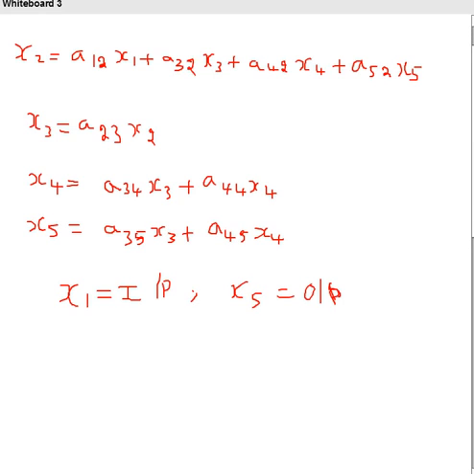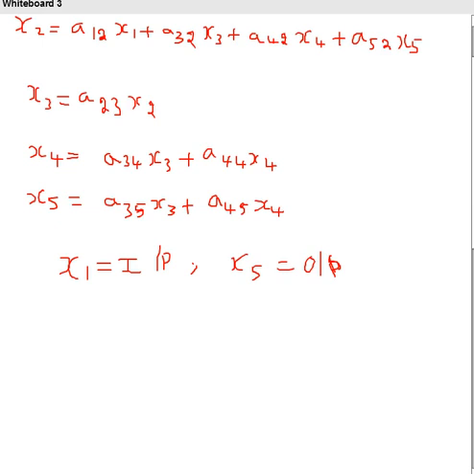From the given data, first identify the nodes. What are the nodes? x1, x2, x3, x4, x5 are the nodes. A12, A32, A42 are all gains. From these nodes, x1 is the input node and x5 is the output node. So just locate the nodes.